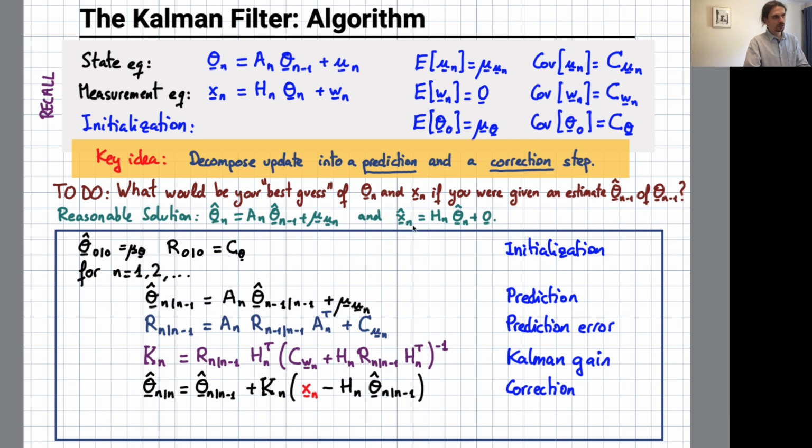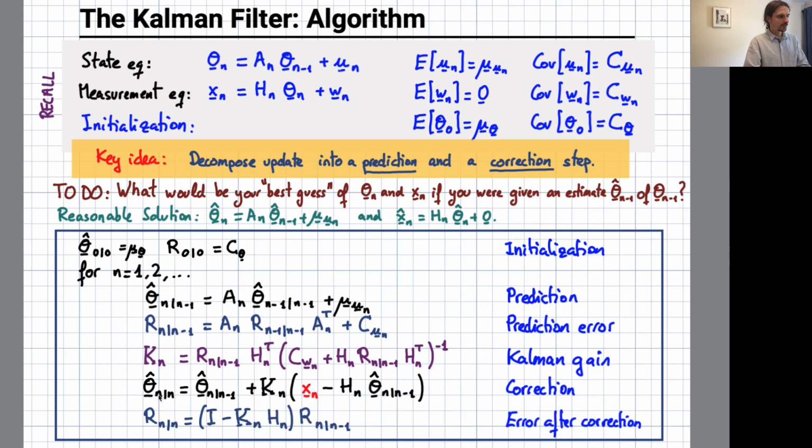This would coincide with our best guess of xn, given what we knew from before, right? And the matrix multiplying here is called the Kalman gain, and that's why we use the letter K, and why we used it before, because it plays the same role.